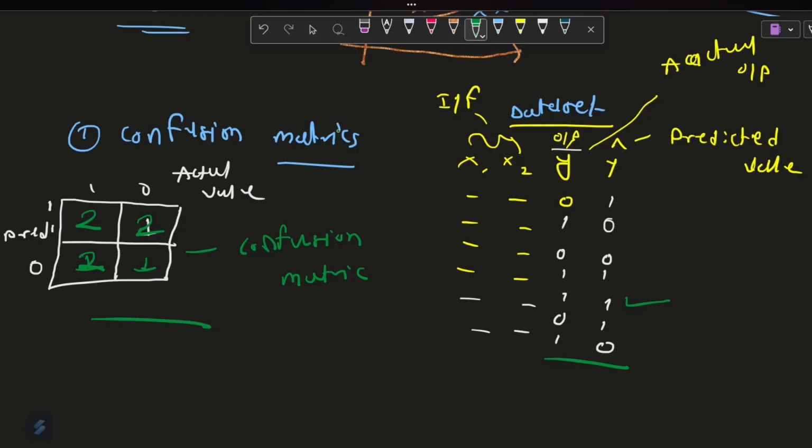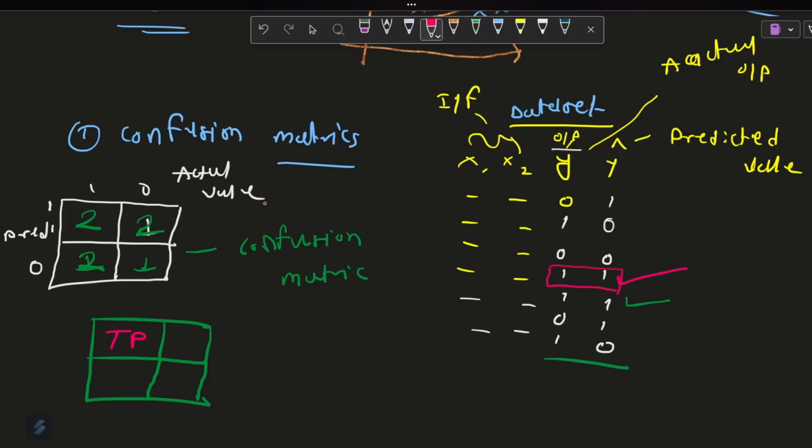When you draw that type of graph, you see how the points are distributed. This is a true positive point, meaning 1, 1. It means your model predicted right. It's a true output.